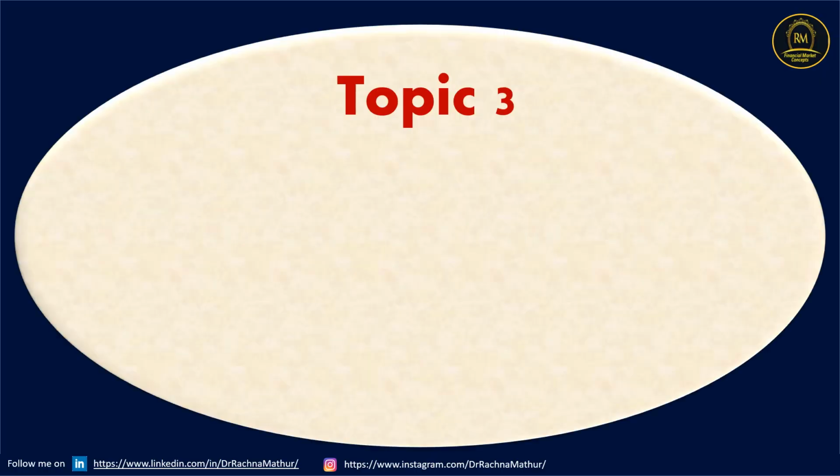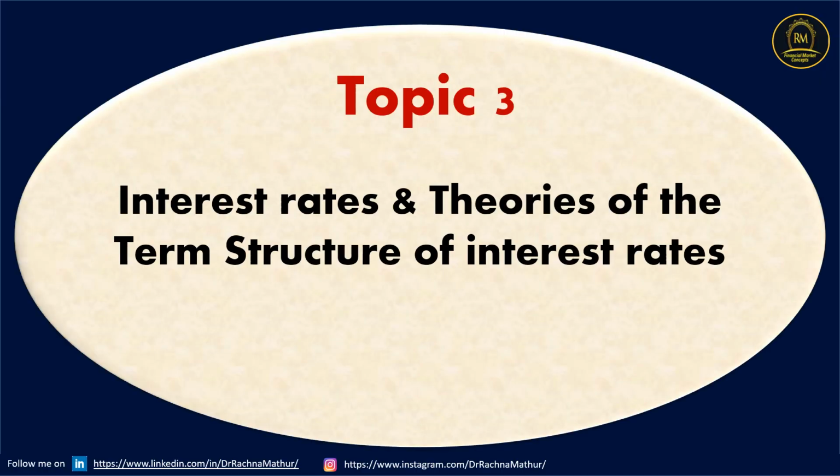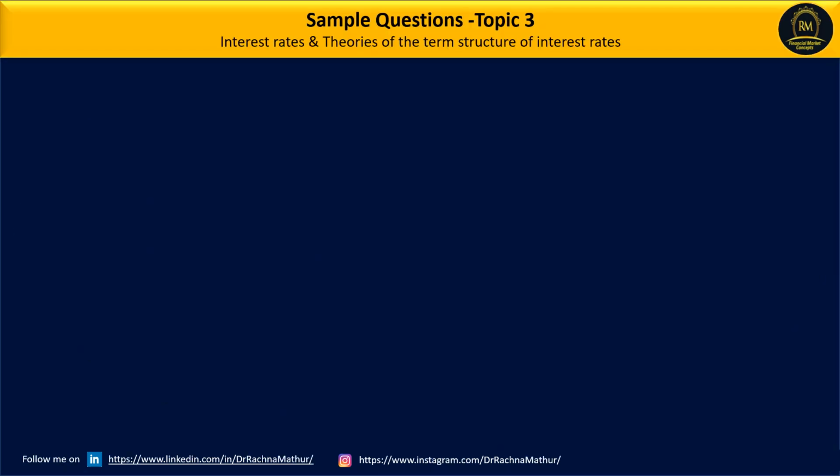Now in topic 3, you have to study interest rate determination, sources of interest rate differentials, theory of term structure of interest rates, and interest rates in India. So let us see sample questions on topic 3 related to interest rates. The first question is, discuss the theories of term structure of interest rates.